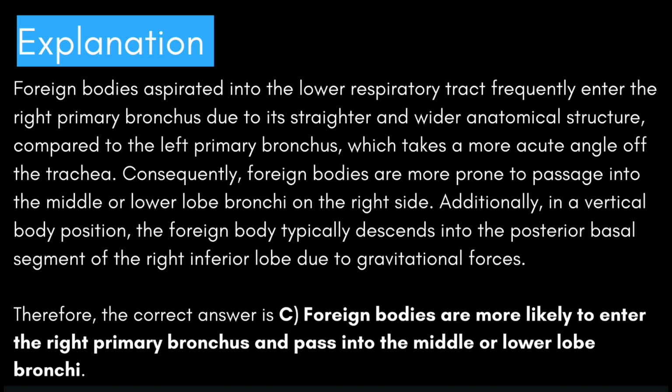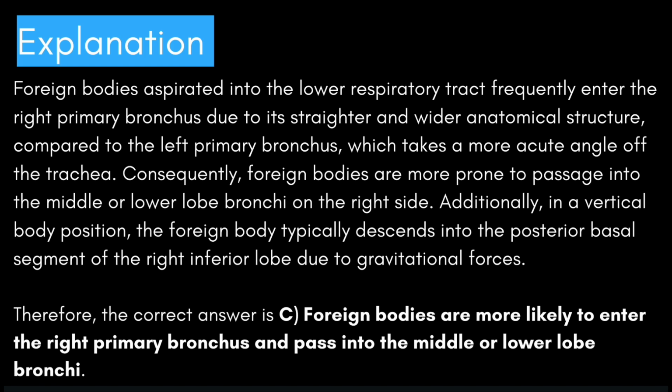Additionally, in a vertical body position, the foreign body typically descends into the posterior basal segment of the right inferior lobe due to gravitational forces. Therefore, the correct answer is C. Foreign bodies are most likely to enter the right primary bronchus and pass into the middle or lower lobe bronchi.